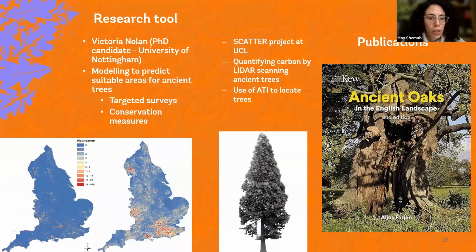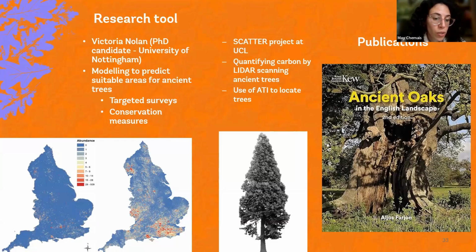As well, we do quite a lot of research using the ATI's data. Victoria Nolan, a PhD candidate at Nottingham University, modeled ancient and veteran trees to predict how many more there were. She did that using targeted surveys and other conservation measures, and found that we'd only found about 10% of ancient and veteran trees so far on the ATI, with a predicted 1 million in total in England.